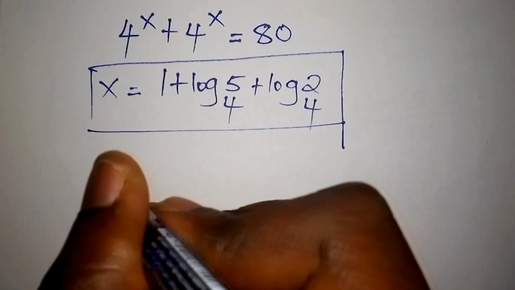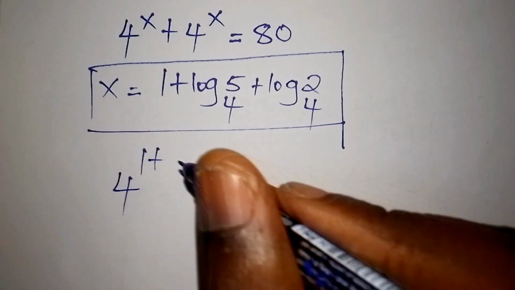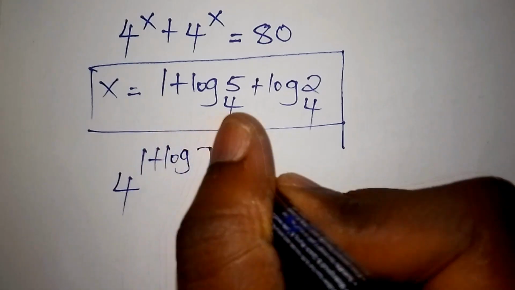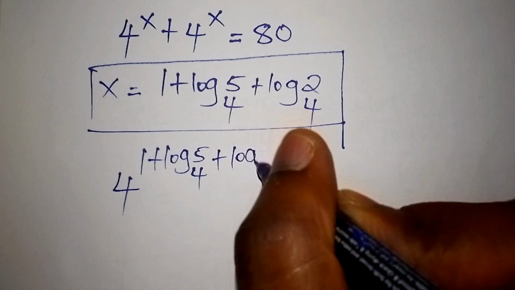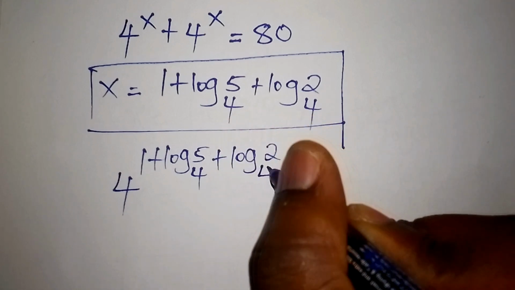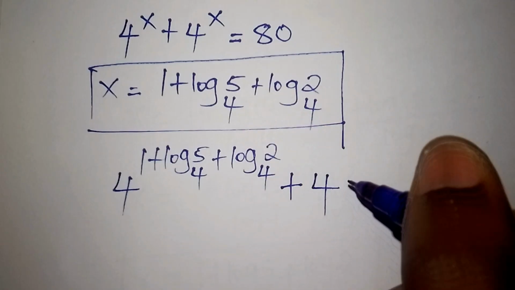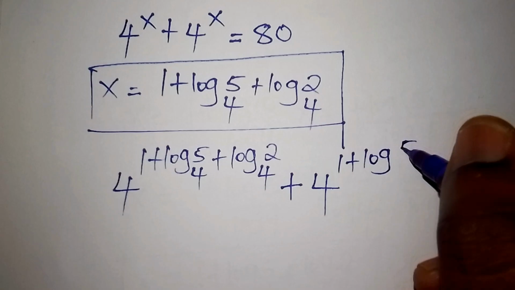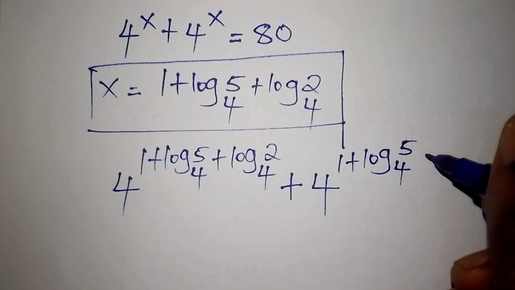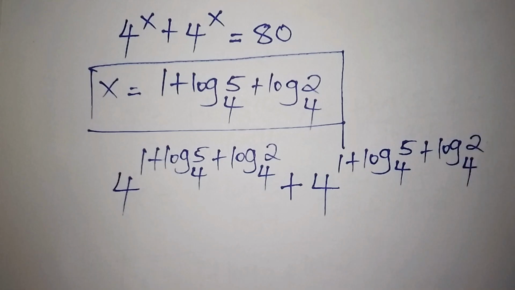So 4 to the power of 1 plus the log of 5 to the base of 4, plus the log of 2 to the base of 4, then also add 2, again 4 to the power of 1 plus the log of 5 to the base of 4, plus the log of 2 to the base of 4.